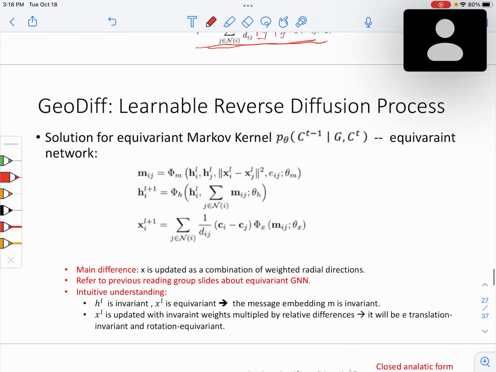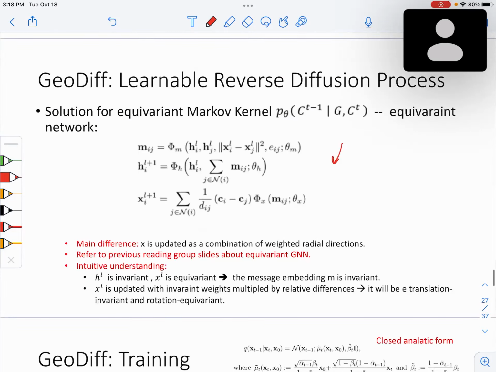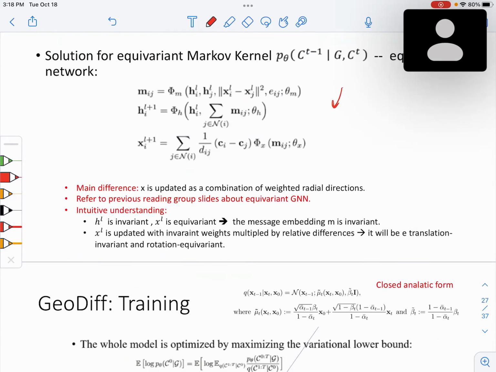I have done the proof in the previous quarter of how this network preserves the equivariance property, so everyone can refer back to that, because that's not the main novelty of this paper. But for a brief recap, by looking at the first equation, we can see that each node's feature is invariant with regard to rotation or translation.